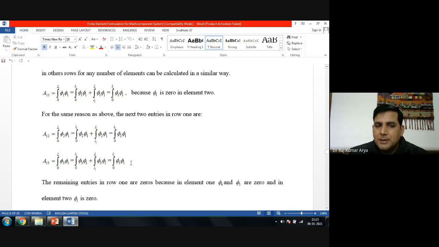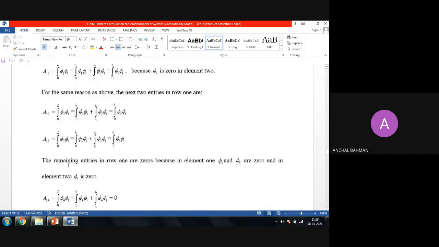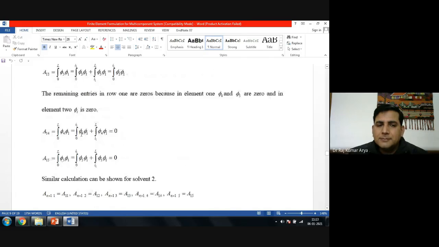Now, if you want to calculate, let's say A14. So A14 में क्या आएगा आपके पास में? You will get here phi 4 phi 1, right? Now you can write again in 2 parts, phi 4 phi 1 and phi 4 phi 1. Let's see, is the phi 4 present in the element number 1?